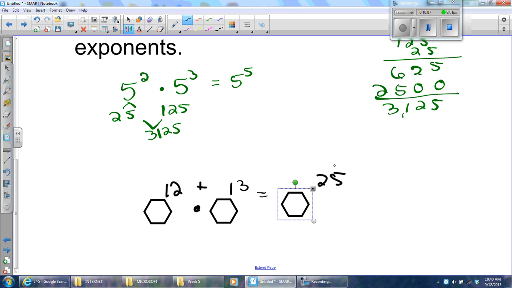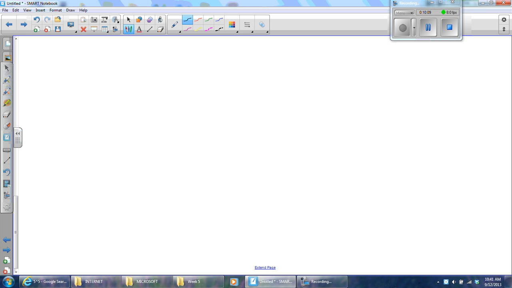It only works if the bases are the same. I cannot do it if I have x to the third times y to the fourth. That would simply be x cubed y to the fourth. I don't add the exponents because the bases don't match.